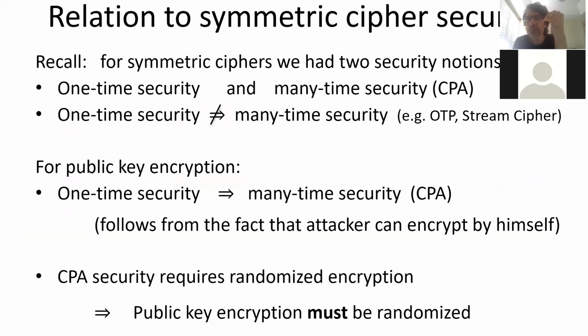If you remember, that's the proof that we had on the homework about left or right versus CPA, the standard CPA notion. They were equivalent, but it was not so easy to argue.